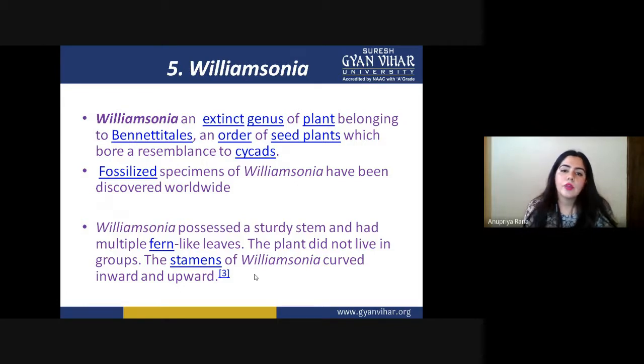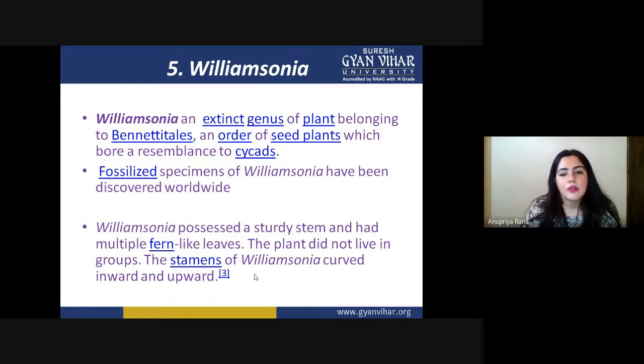Fossilized specimens of Williamsonia have been discovered worldwide, and it is not like Williamsonia was present only in a particular place. They were present worldwide, and many people encounter their presence at many places.